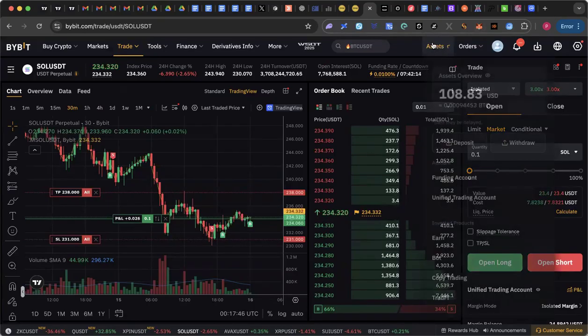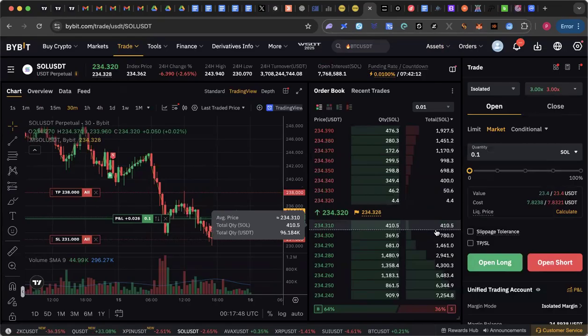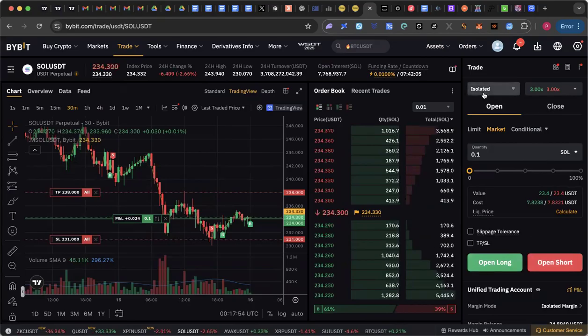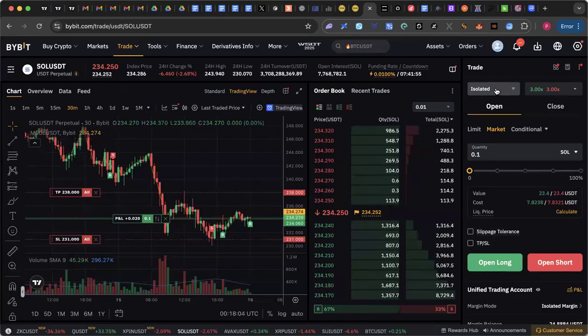Now, for an advanced trader, you probably want to use not isolated, but cross. And it asked me, what's the advantage of cross? Cross will reduce your liquidation price, but the disadvantage is that it will be running on your entire money.